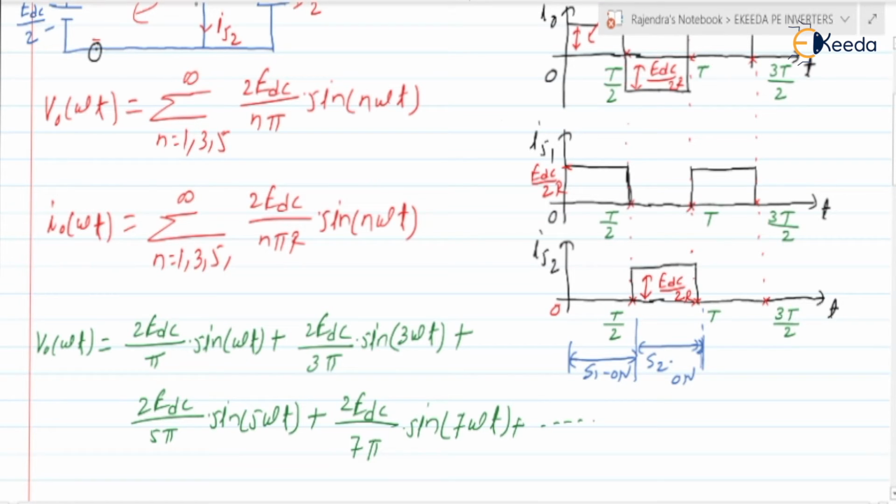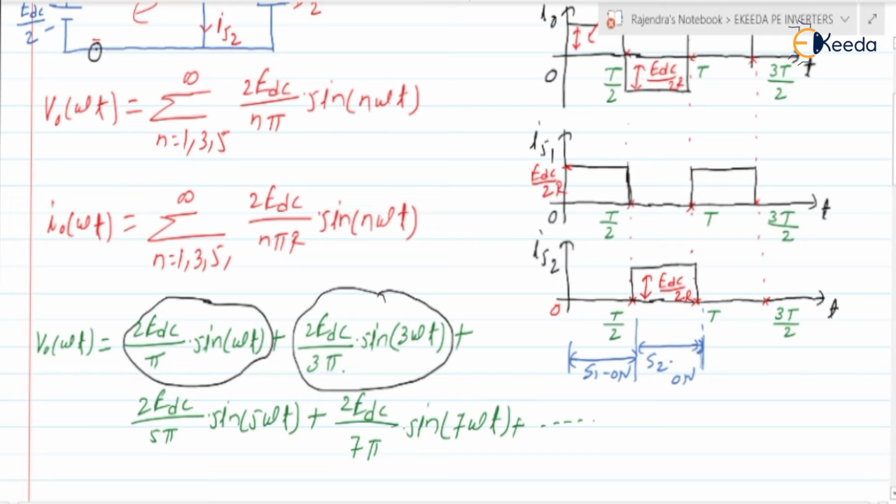What is the meaning of the terms here? V0 of omega t is the output voltage. What does 2 Edc by pi into sine of omega t indicate? It is the output voltage for n equal to 1, which means the fundamental frequency. So this is the output voltage at the fundamental frequency. Next, this is for n equal to 3, the output voltage at the third harmonic.